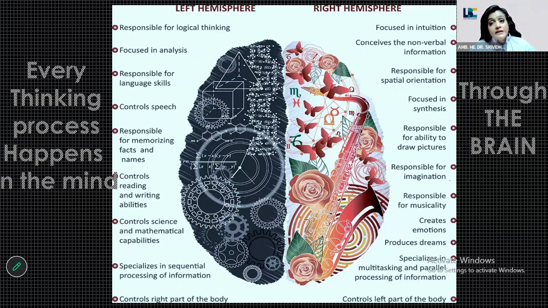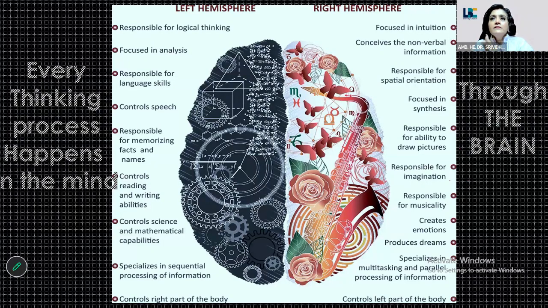But if the person is right-handed, a right-brain dominated person, they will be more focused on intuition, more of an emotional person, focused on synthesis, responsible for spatial orientation and the ability to draw, a very creative aspect. The left-side people are more of a maths person, logical, computer person, science person.